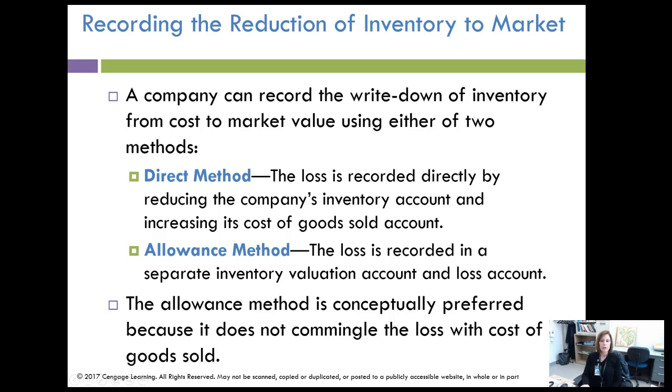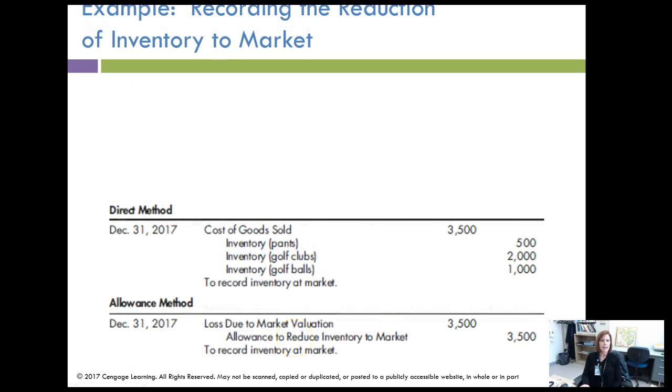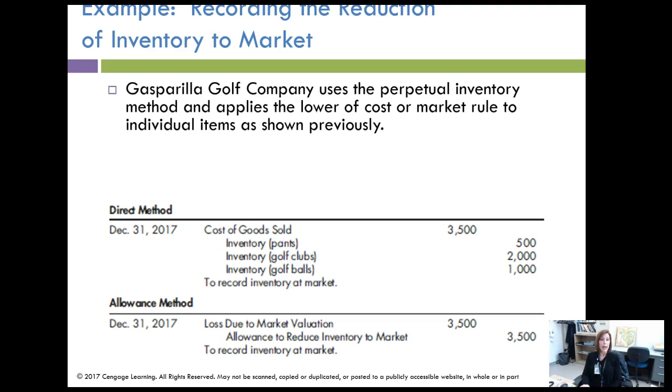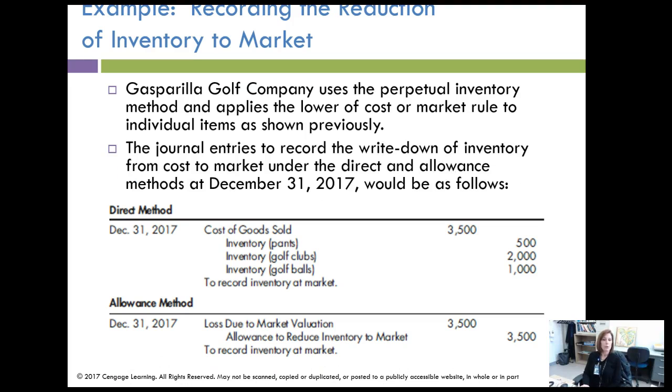So now we're going to look at an example of these two methods and what this actually looks like. So we've got the Gasparilla Golf Company who uses the perpetual inventory method, and they're going to apply it on an item-by-item basis as opposed to their entire inventory. We'll start with the direct method. In both our scenarios, we're writing down our inventory by $3,500.